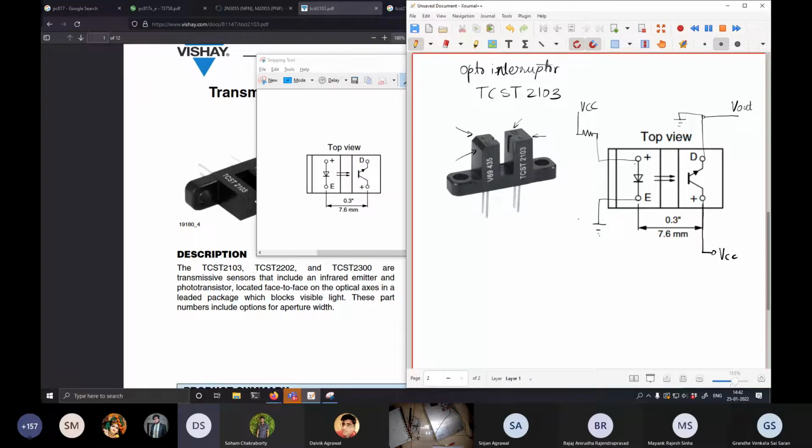When you are driving the plus E side with a voltage source as shown, you have a resistor, and once again it's the current limiting resistor. So on the primary side you have VCC, R, then the LED going to ground.